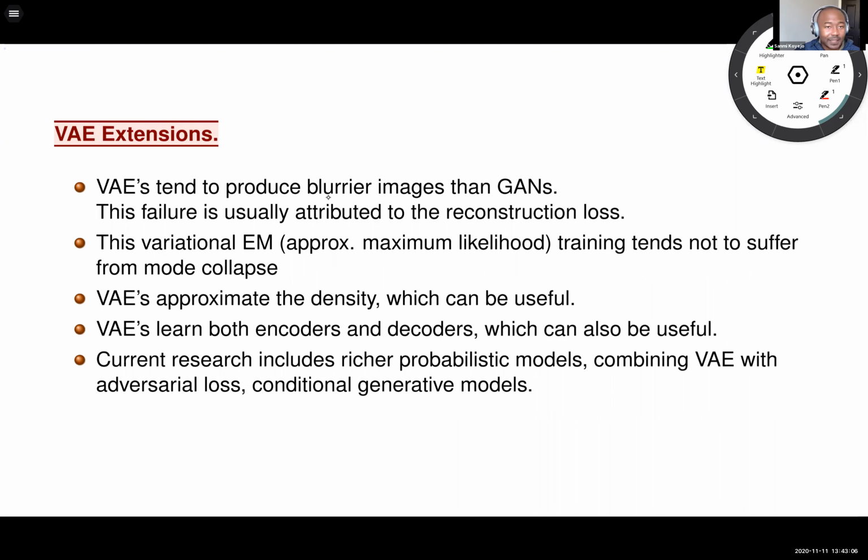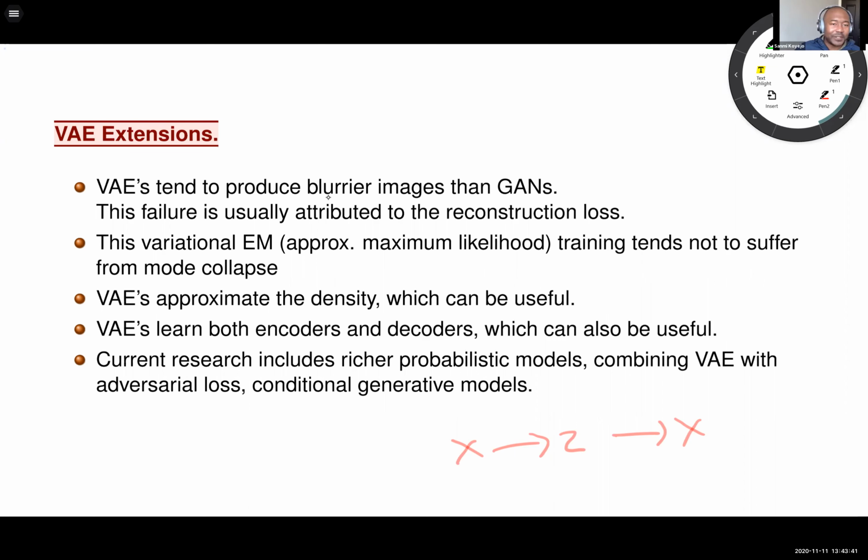VAEs approximate the density in a way that GANs don't do as well. This density approximation can be useful in lots of different applications because it allows us to score things easily. We just showed that it allows us to implement maximum likelihood easily. VAEs learn both encoders and decoders, so VAEs learn mappings from X to Z and also Z to X, so data to latent space vector and back. A GAN only learns one direction, Z to X, and the other neural network is only scoring, so it doesn't learn a map back.